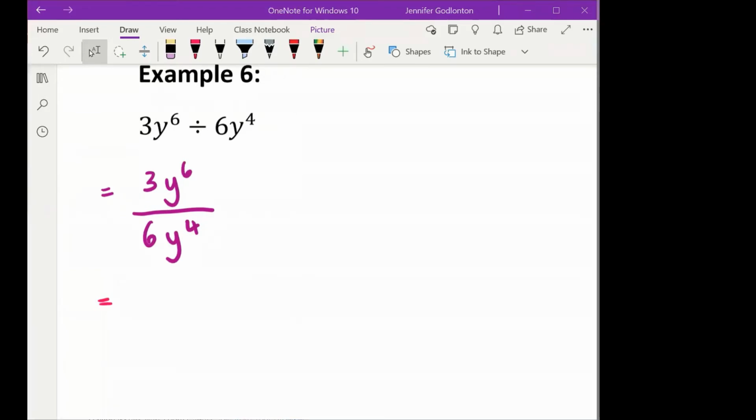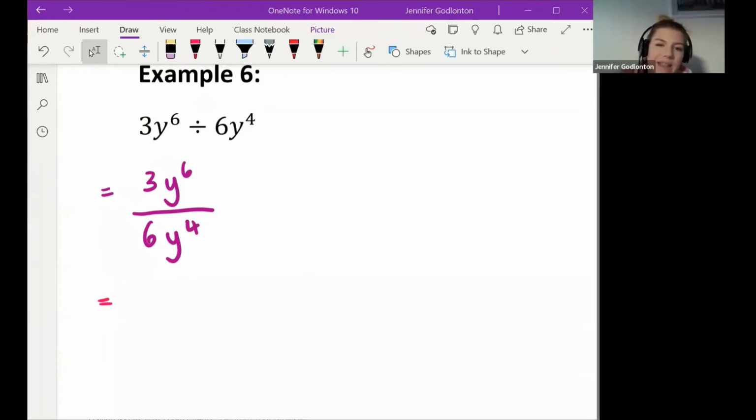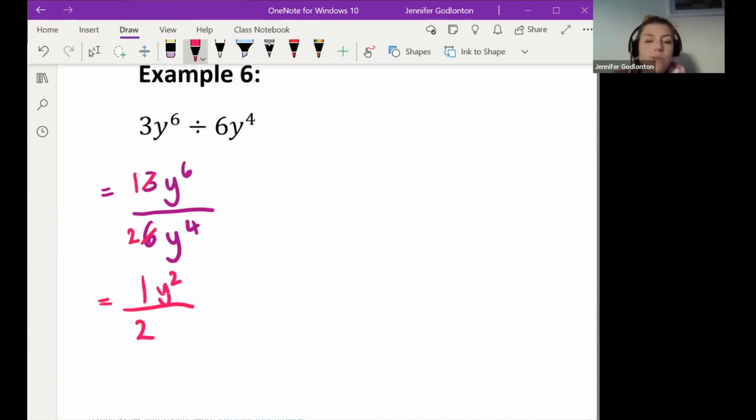So if I look at my numbers, I've got 3 over 6, and I can simplify that to 1 over 2. And then when I look at my y's, I've got y to the 6 over y to the 4, which means I'm going to have y to the 2. You can also write this as 1 over 2 y squared. You're allowed to write it like that. It's 100% right. So if yours looks like that, that's totally fine. It doesn't have to look like the one on my left.